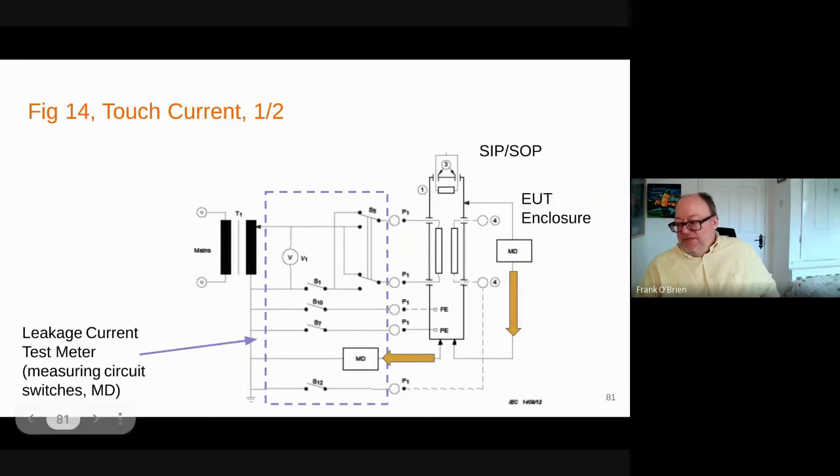So with the earth open, it's a single fault. So you check your single fault. So with the earth closed, most of the current's going to stay on the earth, not much going through 1,000 ohms. But surface to surface, you're checking as well. Yeah? If you didn't specify your SIP sub, you'd be having mains on there, but of course you would.